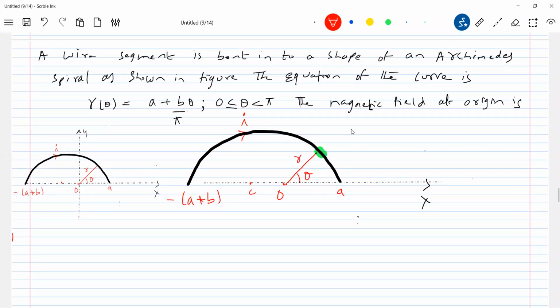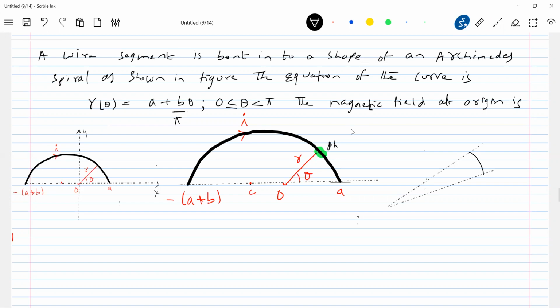If it were a circle, this would be the arc length.